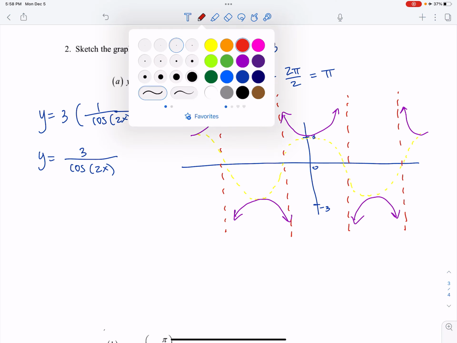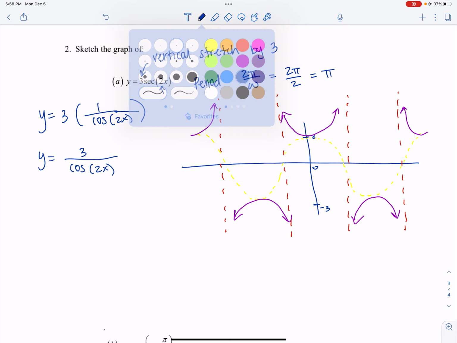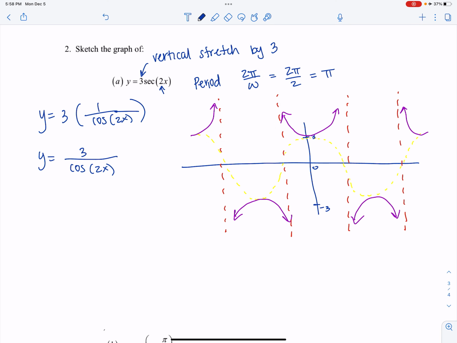And it would even be more helpful if I had labeled the graph. So this distance here between the two asymptotes, that's where we're having our one cycle happen. So it's 1 pi long, making this pi over 2 and this negative pi over 2. Because the span of one whole cycle will make pi.